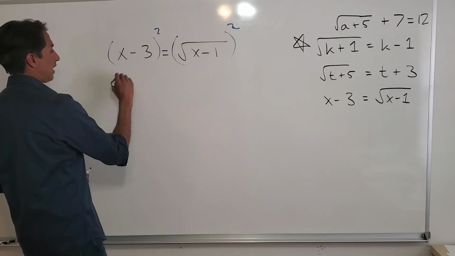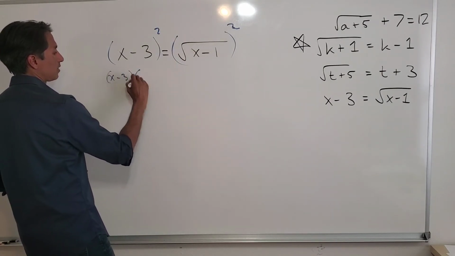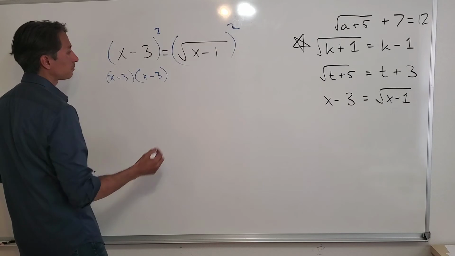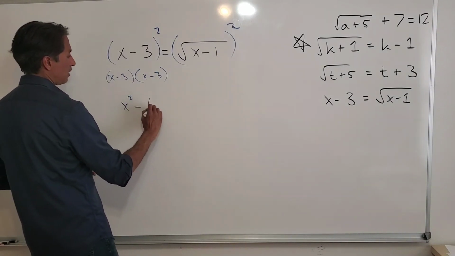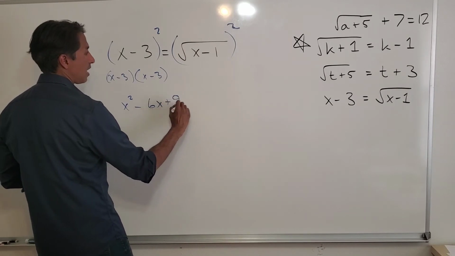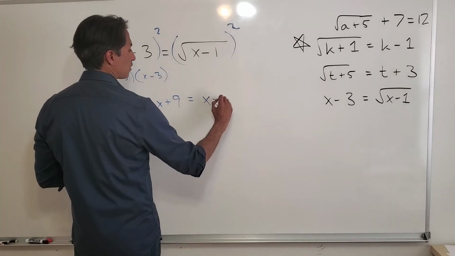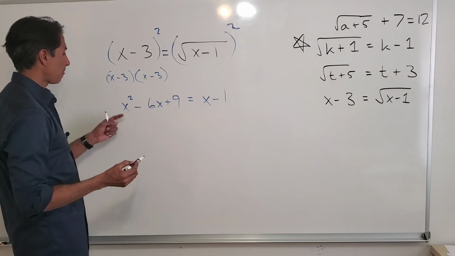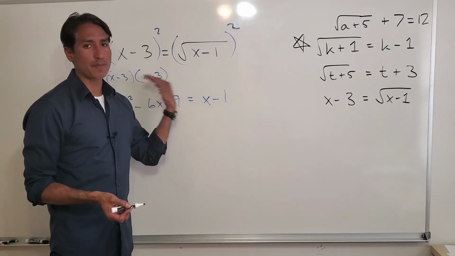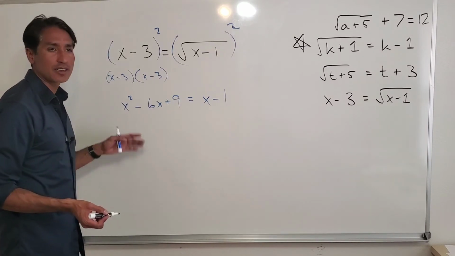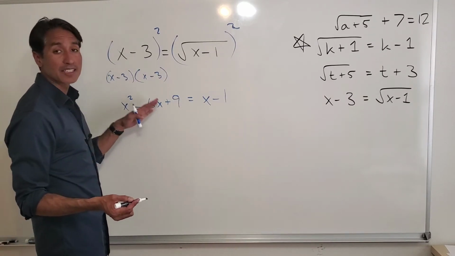right? I get x minus 3 times x minus 3. All right. I work through this one. I get x squared minus what? 6x plus 9 and x minus 1. So my x squared is over here now. So I'm just going to move these over because, again, I want my leading coefficient, the x squared, to be positive.